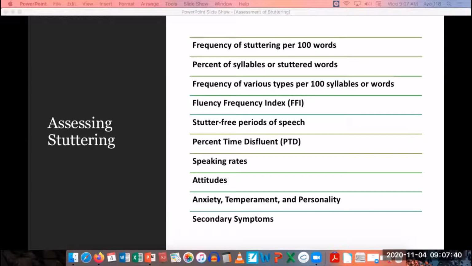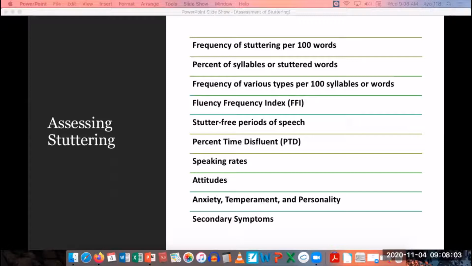So the key here is when you do an assessment, it's not just in this one little space that you follow these one little things, okay? Everything makes a difference, from their attitude to their family. It's not just about the words that they're saying that are disfluent. It includes more than that.